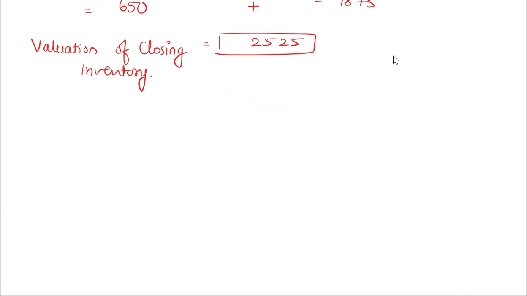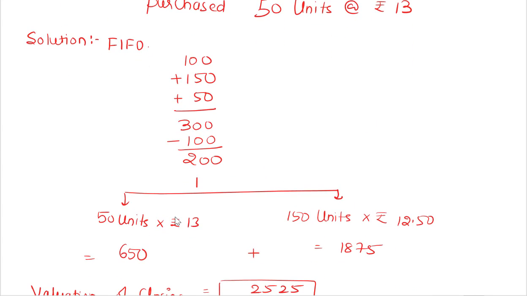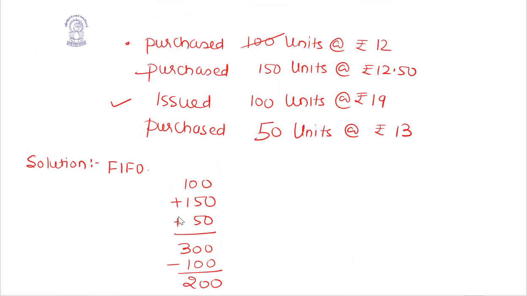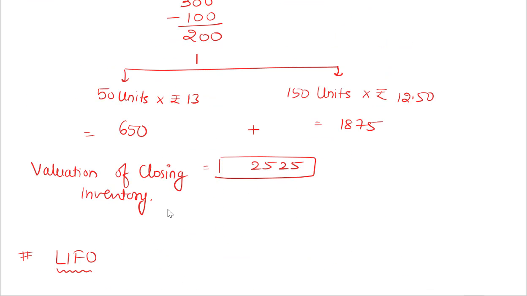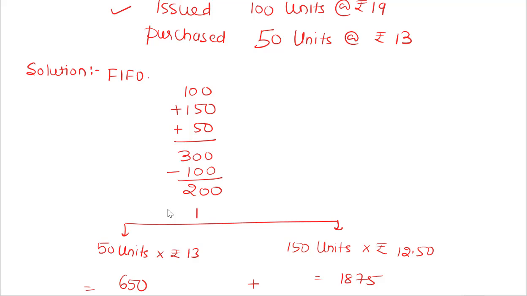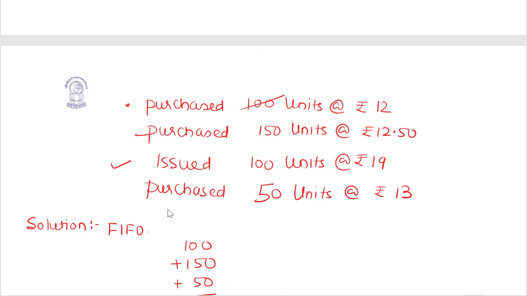Let us do it by LIFO now. LIFO, last in first out. If 100 is issued, then from the last in, this 150, 100 would be issued. So in LIFO, this 100 is issued, from the last purchase of 150, 100 is issued, remaining is 50.